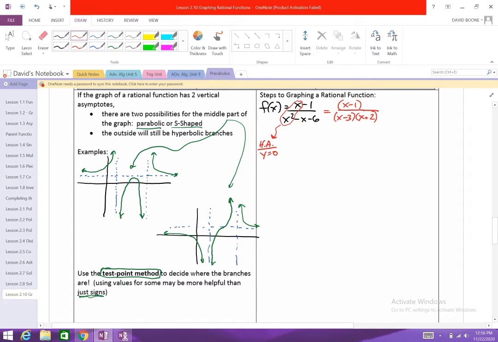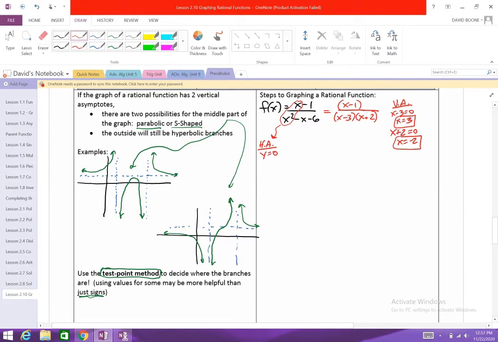What I can also tell is that I'm not going to have any holes in the graph because I don't have any factors that cancel. But I do know that I'll have vertical asymptotes. Okay? And I'll have vertical asymptotes if I set each of these equal to 0. So x minus 3 equals 0. So x equals 3 would be a vertical asymptote, and then x plus 2 equals 0. So I have a vertical asymptote at negative 2 as well.